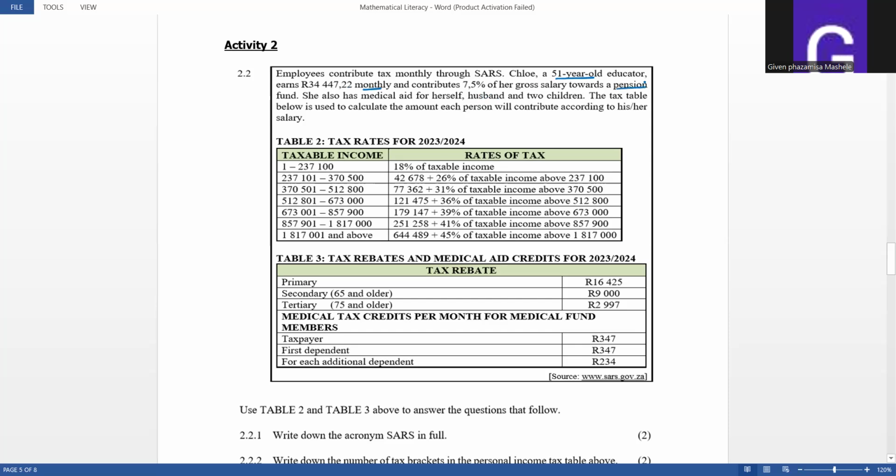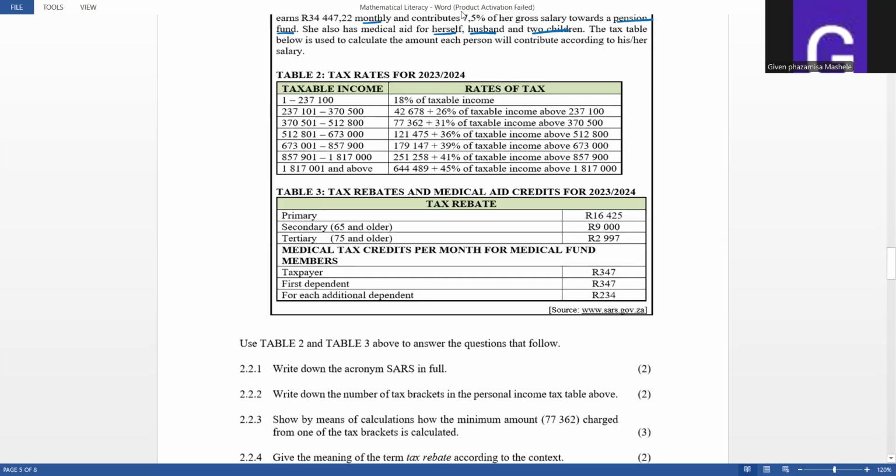I think we spoke about this, the pension fund. She also has a medical aid for herself, husband, and 2 children. The tax table below is used to calculate the amount each person will contribute according to his or her salary. So this is our tax table, and we also have the information there.